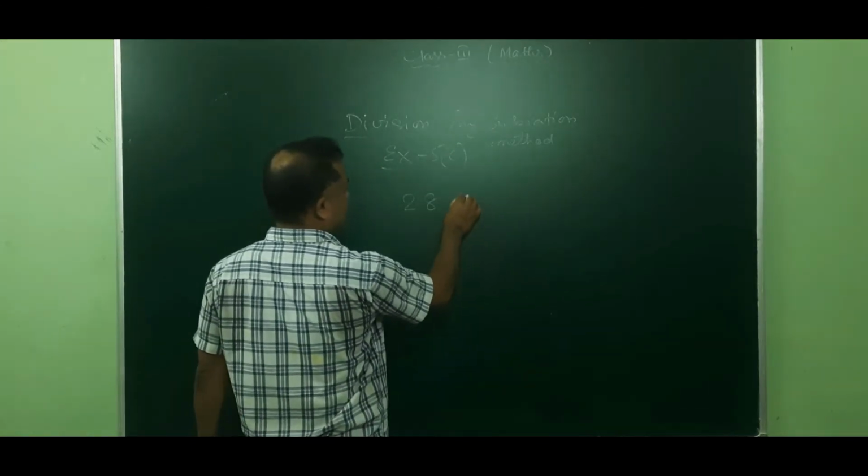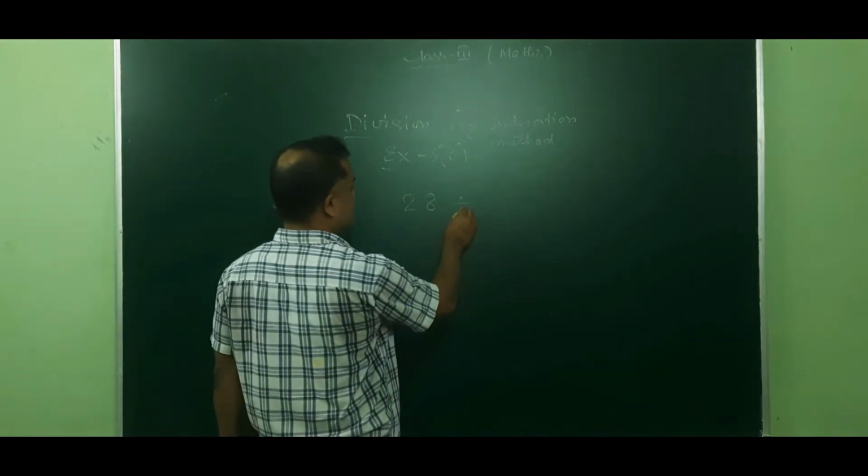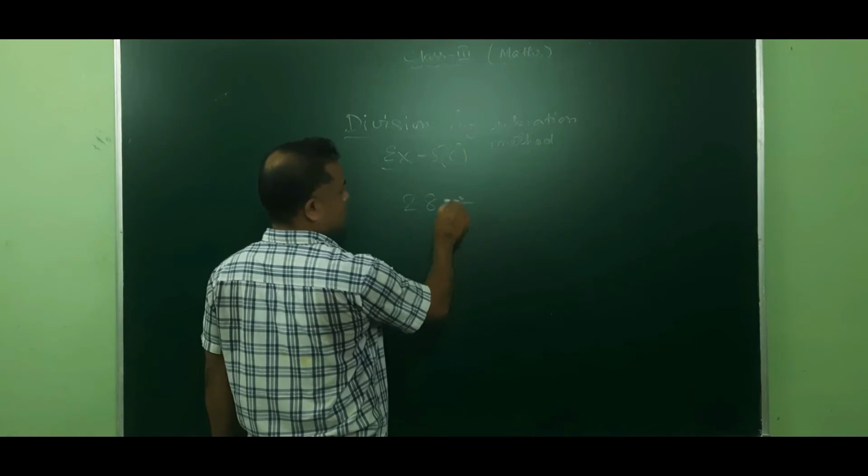This is the operational symbol of division: 1 line, up 1 dot, down 1 dot.